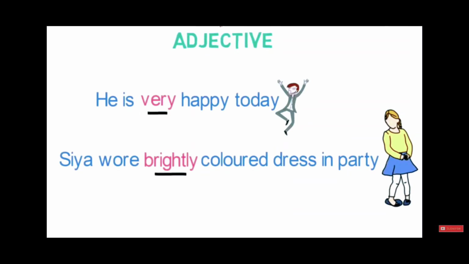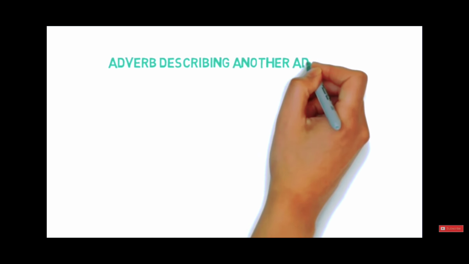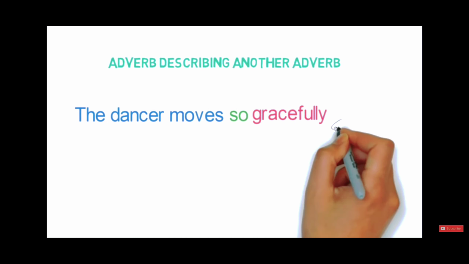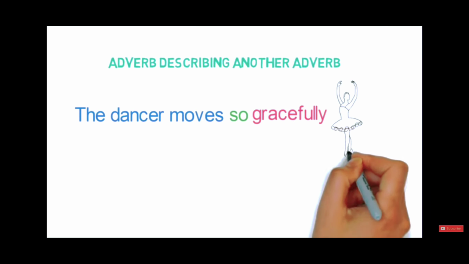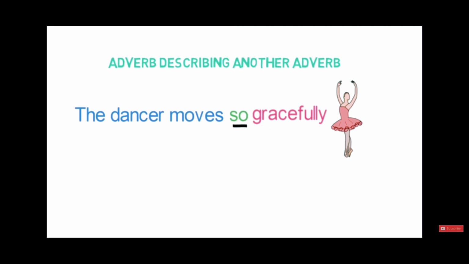Now let's look into some examples of an adverb that describes another adverb in a sentence. The dancer moves so gracefully. Here how the dancer moves is described by the adverb gracefully. But the word so describes the intensity of the word gracefully, and thus it is actually describing an adverb.